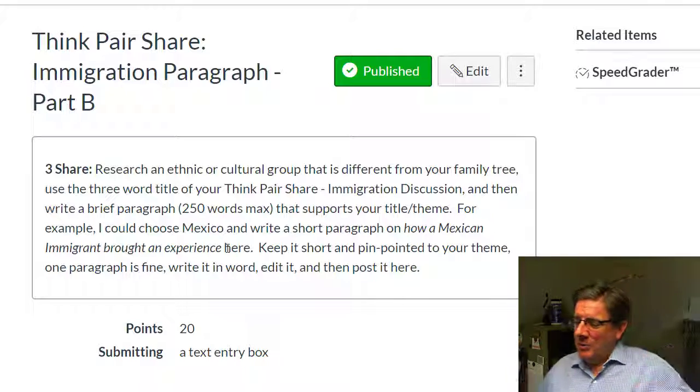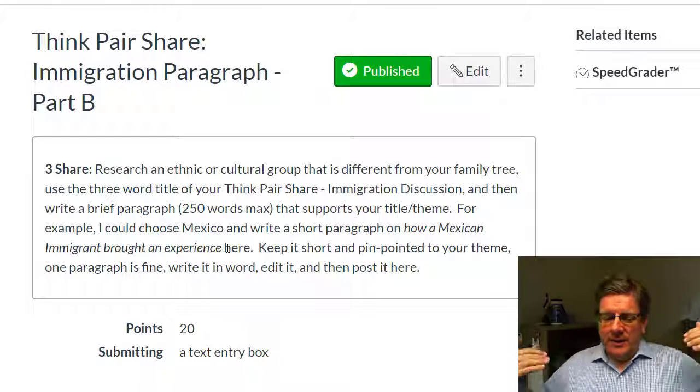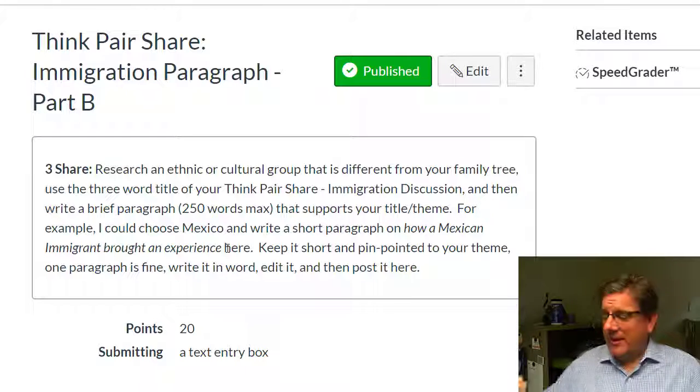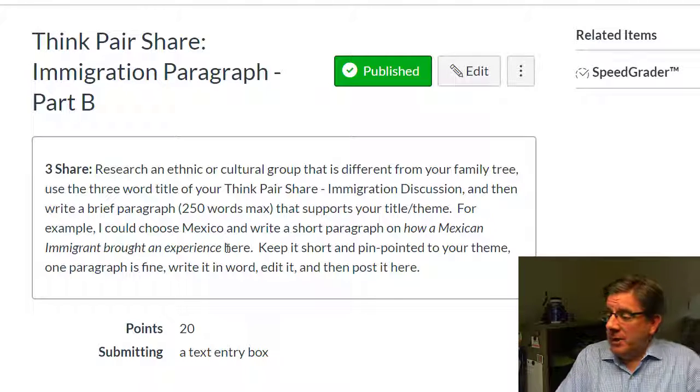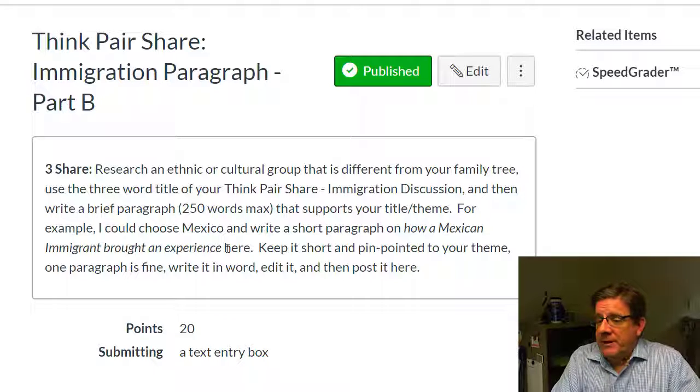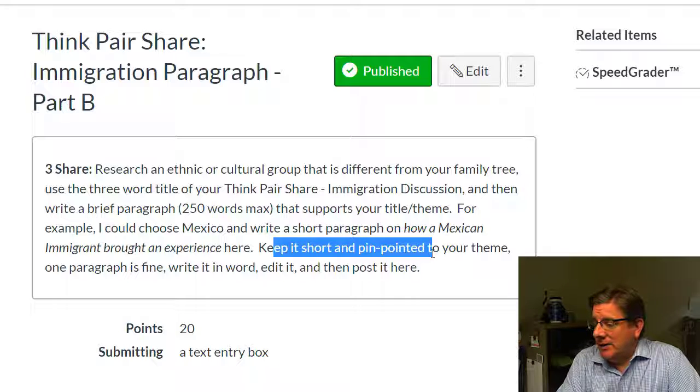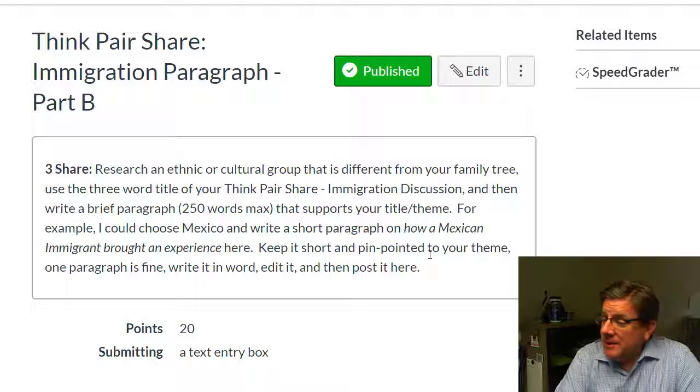So we're kind of now putting people in situations where they can create a topic, think about something outside of their realm, and hopefully create a really well-written paragraph that helps them see a different experience. Obviously, we want to keep it short and pinpointed. I'm not looking for a 4-page paper here.